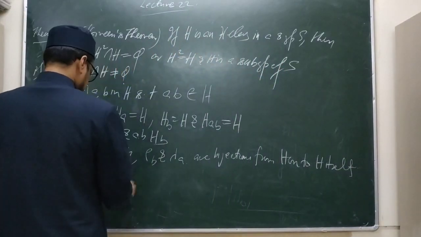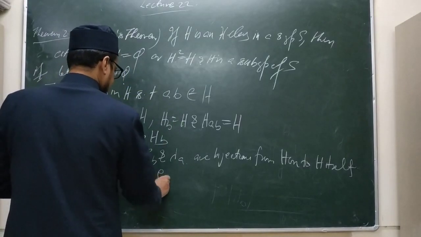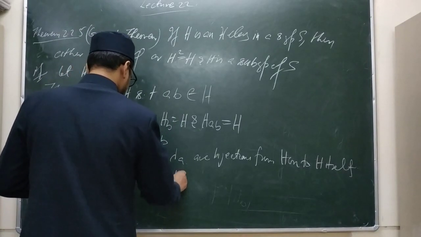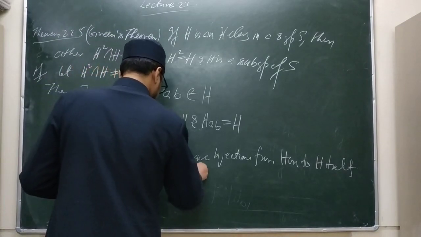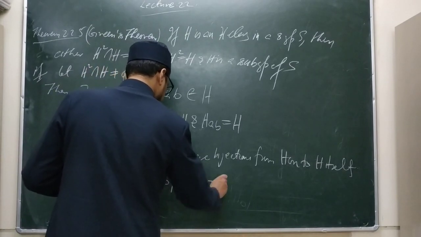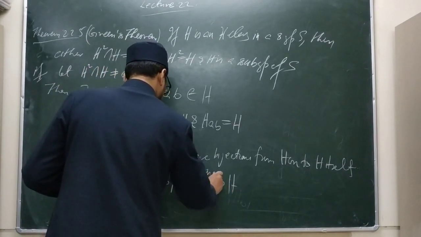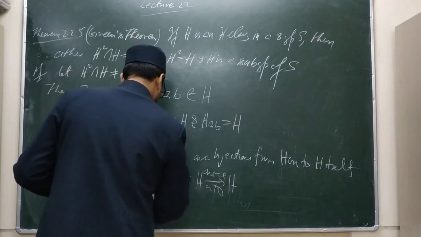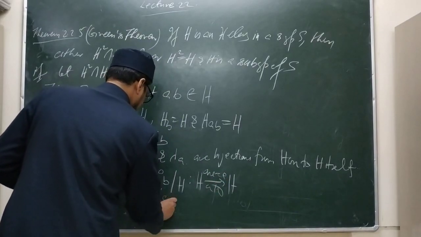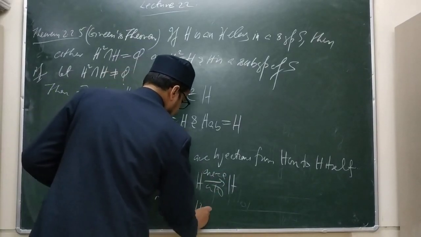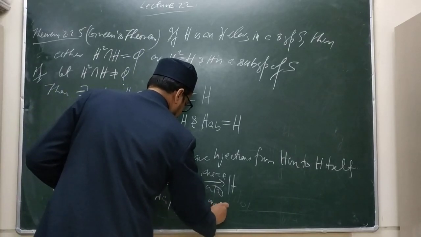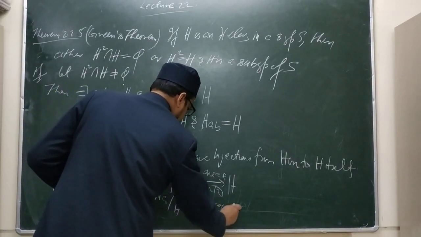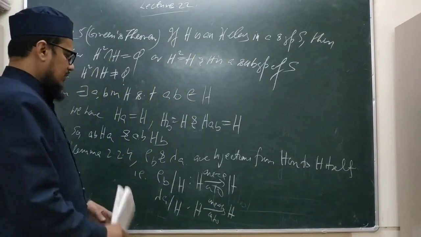That is rho b by H, it will be what? 1-1 onto map, and lambda a by H is 1-1 onto map from H to H, isn't it?